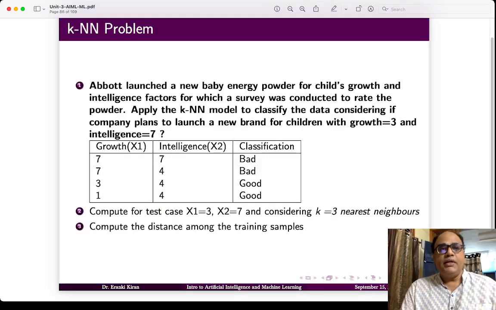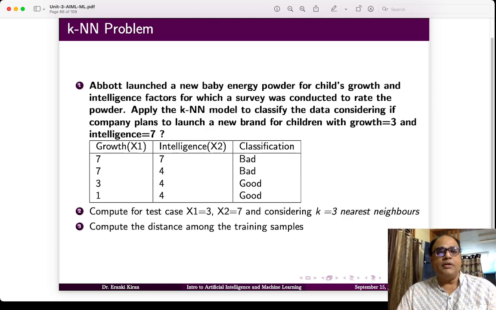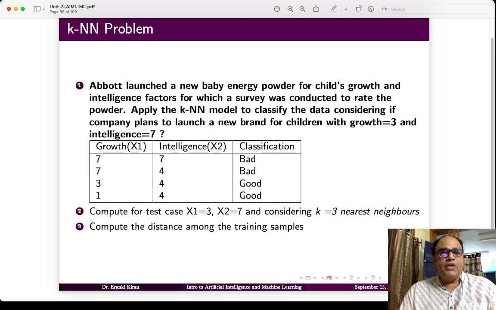Now let's look at a sample problem using the k-nearest neighbor. Let's say we have a company which is into baby products. They have identified two factors. The first factor is the growth of the baby and then the intelligence. Based on these two factors, we want to classify by what proportion these two factors have to be considered for the new product that they are planning to launch.